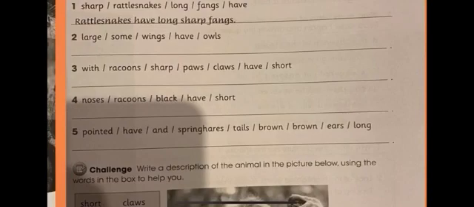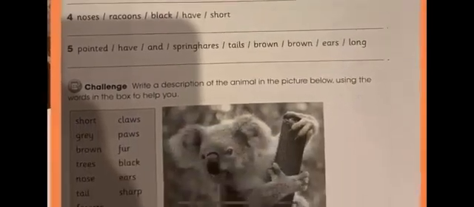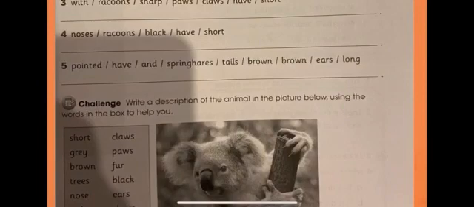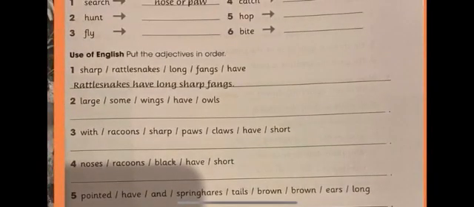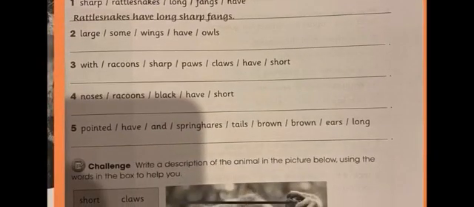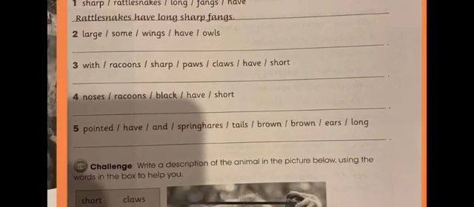So just arrange these words and create sentences. The last one is a challenge. The first one is already done for you. It's written: rattlesnakes have long, sharp fangs. So I'm going to do the last one for you as well. It's written: pointed have and spring hairs, tails, brown ears, long.